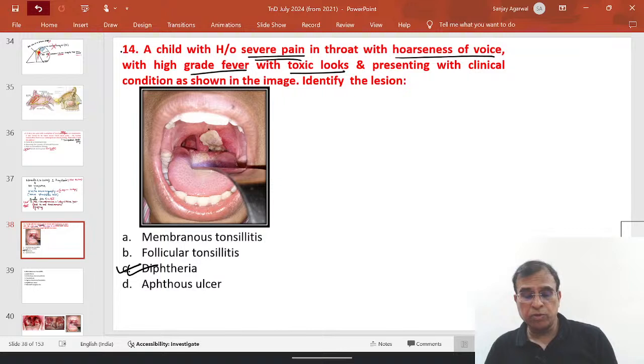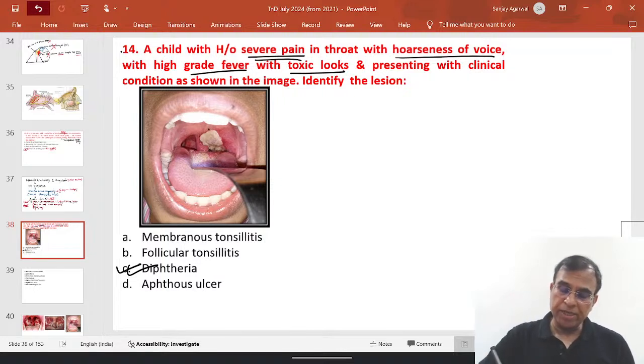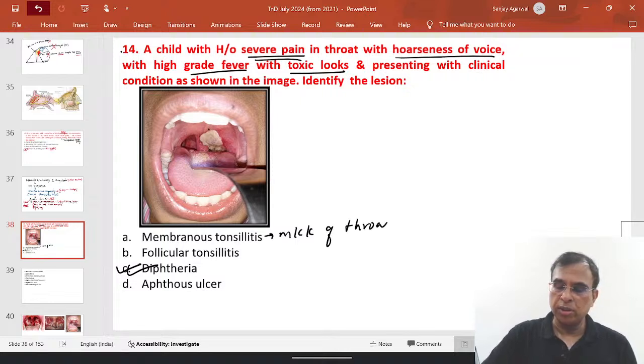and not any other, not membranous tonsillitis? Because membranous tonsillitis is the most common cause of throat membrane.